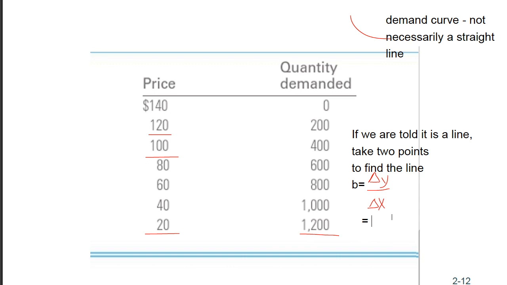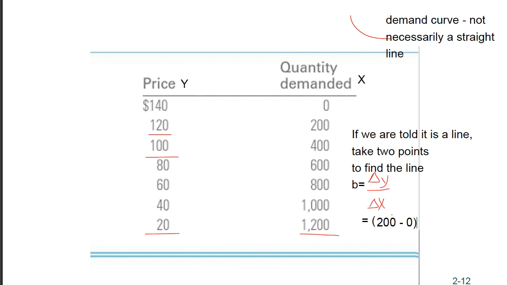So the easiest would be to take the first 2. So I'm going to go from 200 minus 0. No, I'm going to do change in y. Sorry, y is going to be, I'm going to do this with price. Let's say I use this as price. I'm going to say this is y and this is x, right? I could do it the other way too. But I want price on the y-axis. So the change in y would be 200 minus 0.